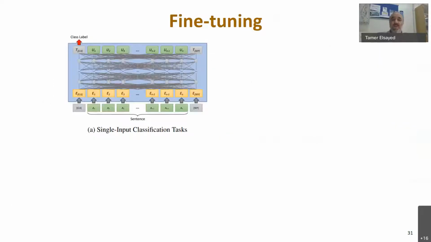Okay, now let's switch to fine-tuning. We said that we now have a pre-trained model, and we want to use it for specific tasks. In the original paper of BERT, the authors showed that the BERT model was used in four different ways, or four different types of tasks.